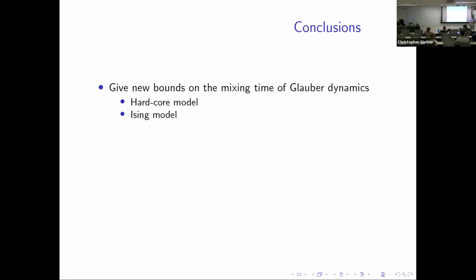Okay, so conclusions. We give some new bounds for the mixing time of Glauber dynamics for the hardcore model and Ising model. The use of spectral radius has been studied before, so I'm not claiming that this idea is mine, but it was used with much weaker techniques for proving mixing time.